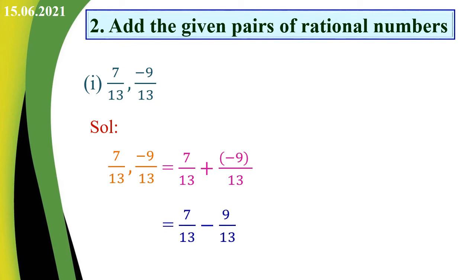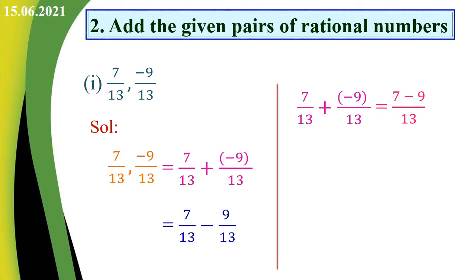So we get 7 by 13 minus 9 by 13. Here the denominators are the same. So we get 7 minus 9 by 13. Here the signs are different. Different sign means subtract and keep the sign of the greater number. 9 minus 7 is 2. Here 9 is the greater number, and its sign is negative. We get minus 2 by 13.